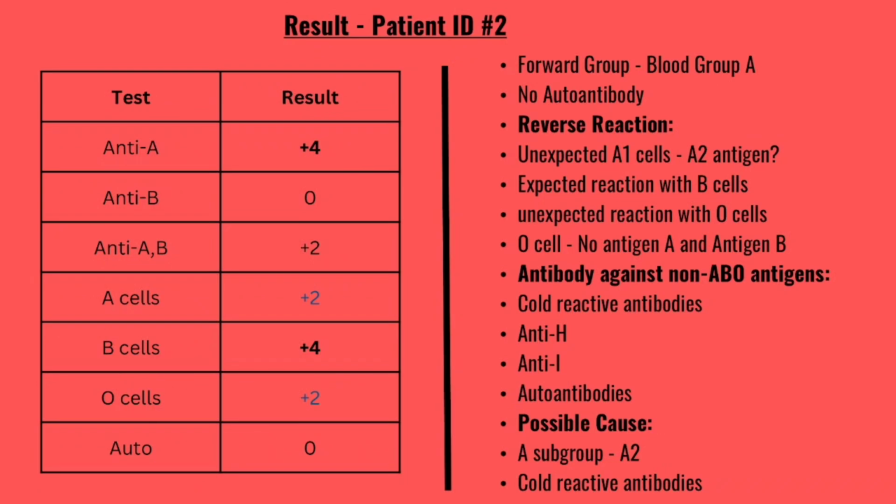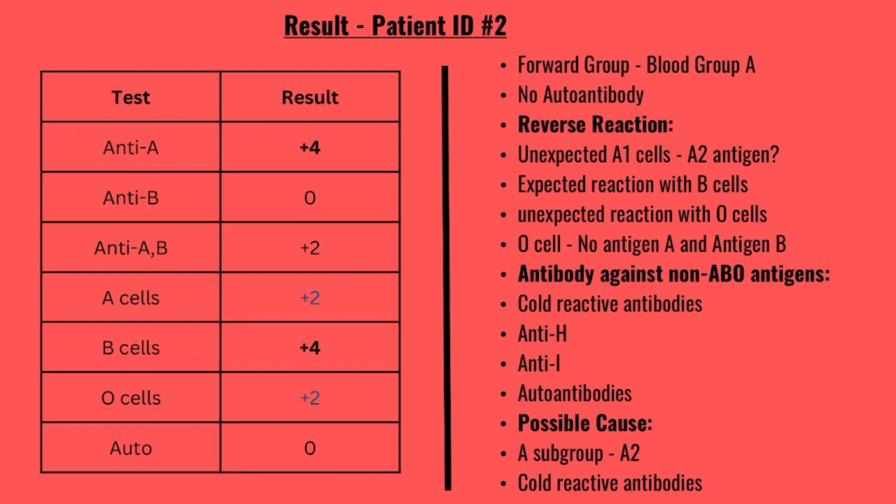The problem could be an antibody against known ABO antigens. Before I continue, don't forget that the plasma is where antibodies are. So if you are seeing a discrepancy on A cells or on O cells, you should be looking at the possibility of antibodies that are interfering.